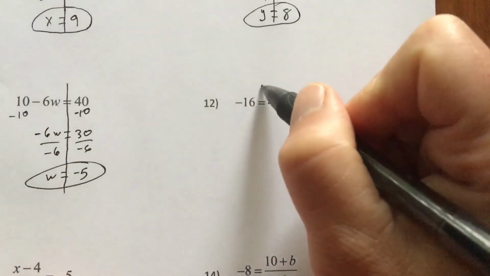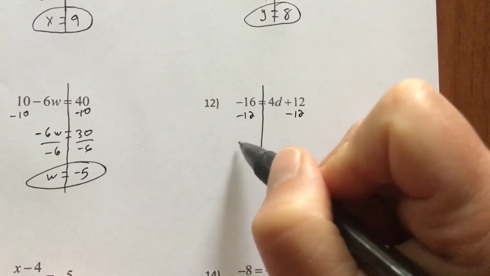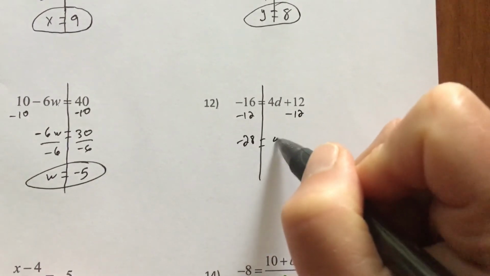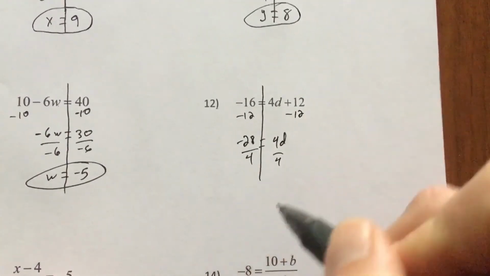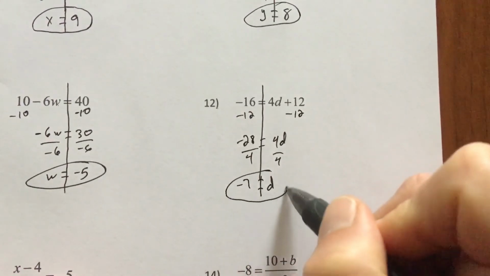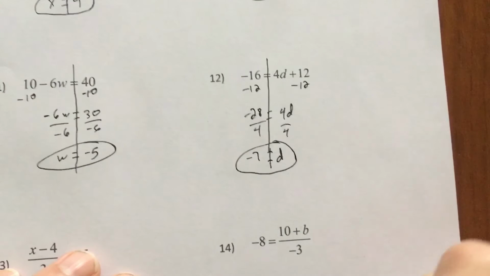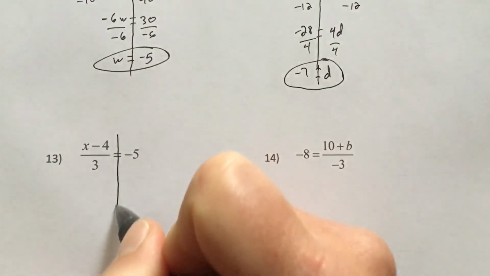Over here, furthest away is the 12, so I'm going to subtract 12. Gives me negative 28 equal to 4D. Then we're going to divide by 4, and I get negative 7 equal to D. Again, once you do it enough, it's a pretty simple little thing. You just have to get comfortable with the process.